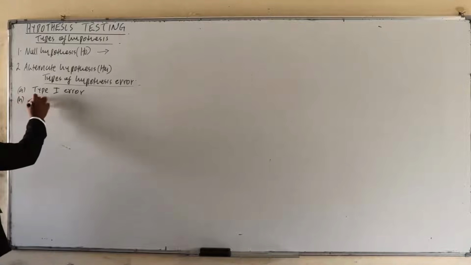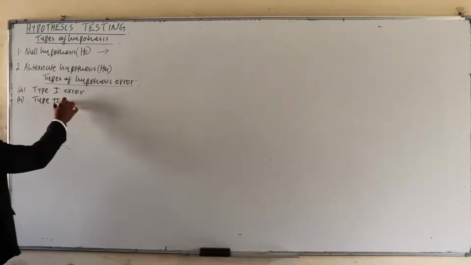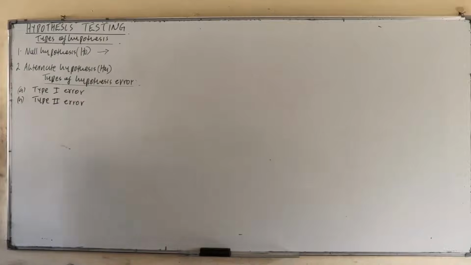Number two, type 2 error. This is an error made when we accept the null hypothesis and the claim was false.